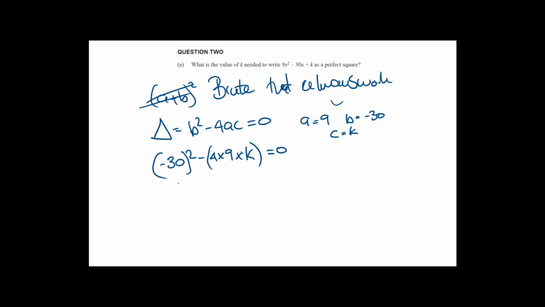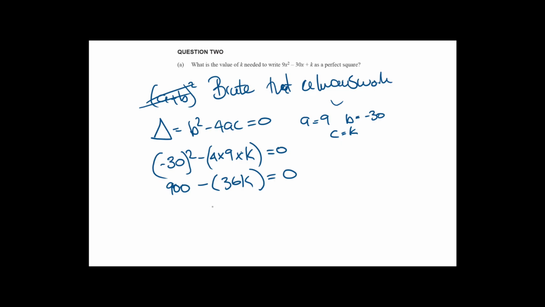So 30 squared is 900, minus 4 times 9 is 36k, equals 0.